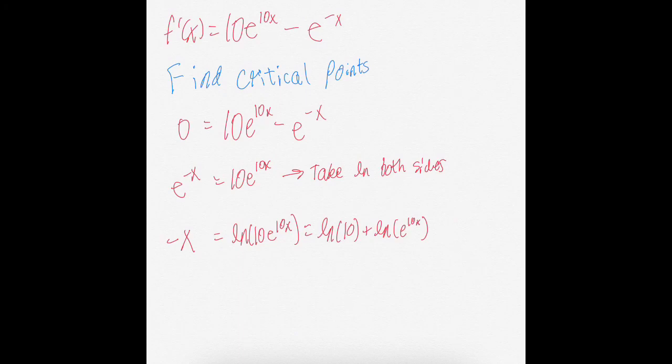Well, I can rewrite this as ln of 10 plus ln of e to the 10x. That's one of our fun logarithm tricks. And now the second one just comes out to 10x, and so this is ln of 10 e to the 10x plus ln of 10.